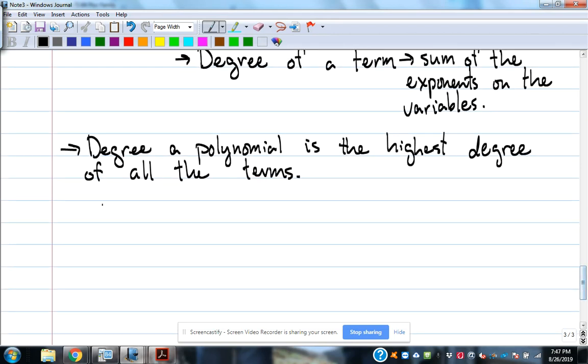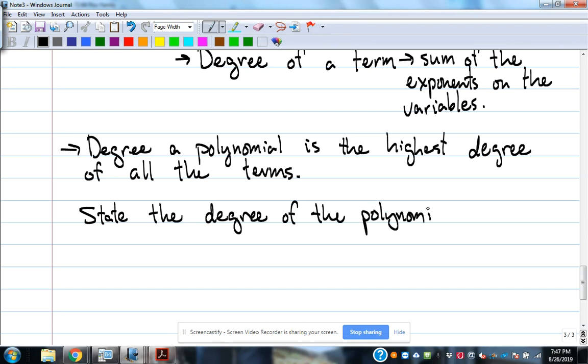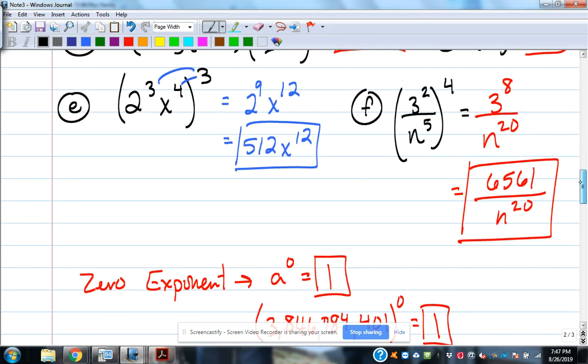All right. So let's look at an example, and we want to state the degree of the polynomial. A real basic thing that we're going to do here today, and this will come up more and more as we get deeper into this stuff. So, what letter are we on here?